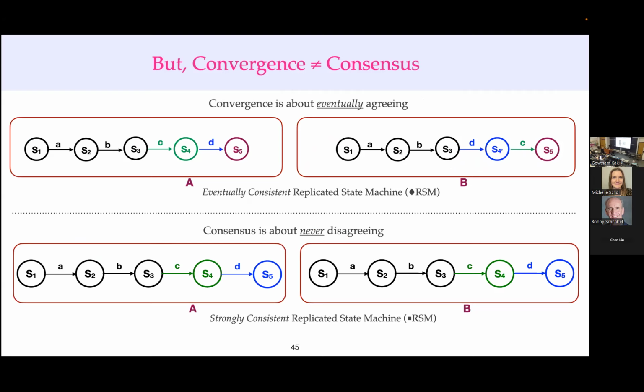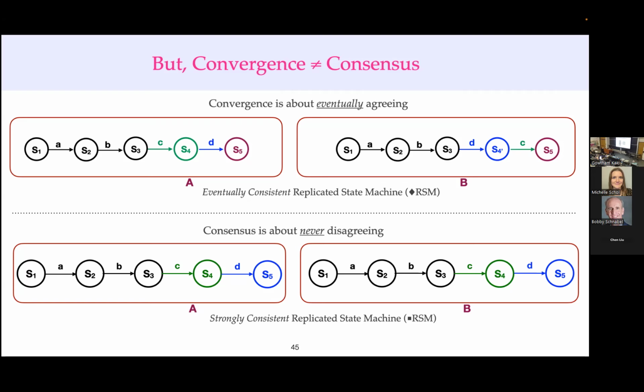However, to our chagrin, convergence is not consensus, right? An eventually consistent replicated state machine is not a strongly consistent replicated state machine. Why? Well, convergence is about eventually agreeing on something. Consensus is about never disagreeing on something, right? So here, these two machines eventually agree on the final state while they transiently disagree, whereas these two machines never disagree on anything, right?